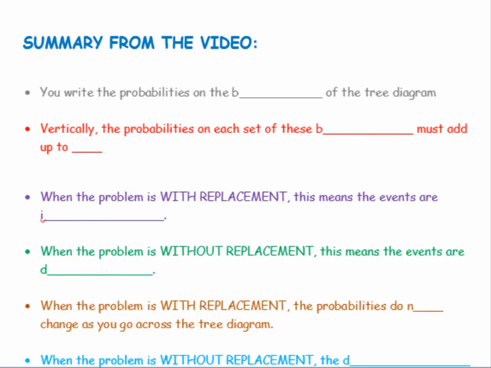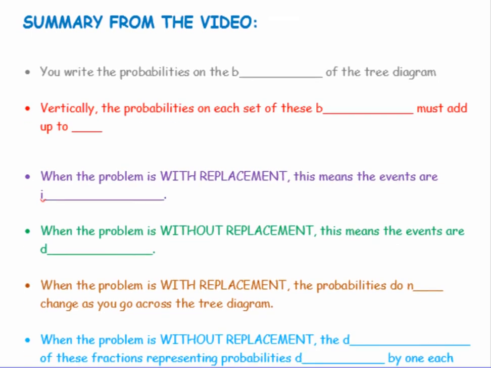Now what we can do is the summary together if you like. You might have already done the summary, but we can always do it again just to check that you've got the right answers. So from the tree diagram video, the first one on Firefly, you write the probabilities on the something of the tree diagram. Hopefully you thought you write the probabilities on the branches of the tree diagram.